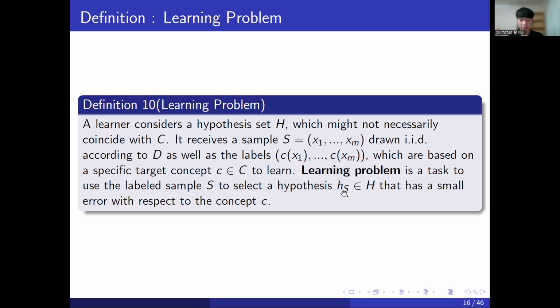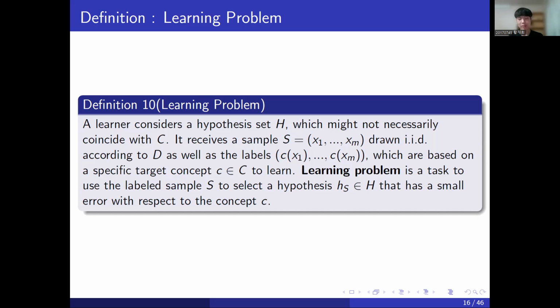So consider a hypothesis set which has elements h1, h2, and so on, and there exists a target element c in the concept class. Note that all elements in a hypothesis set and elements in a concept class are mappings, which take an input x and return a label y. We choose the best hypothesis, which has the least error with respect to c.